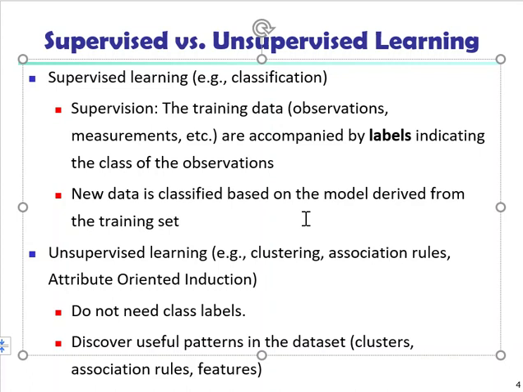Deciding whether an algorithm is supervised or unsupervised is often quite easy, but there are a few cases where debates might occur. For example, we have a special kind of classification called one-class classification. This classification is to find a description for a single class.